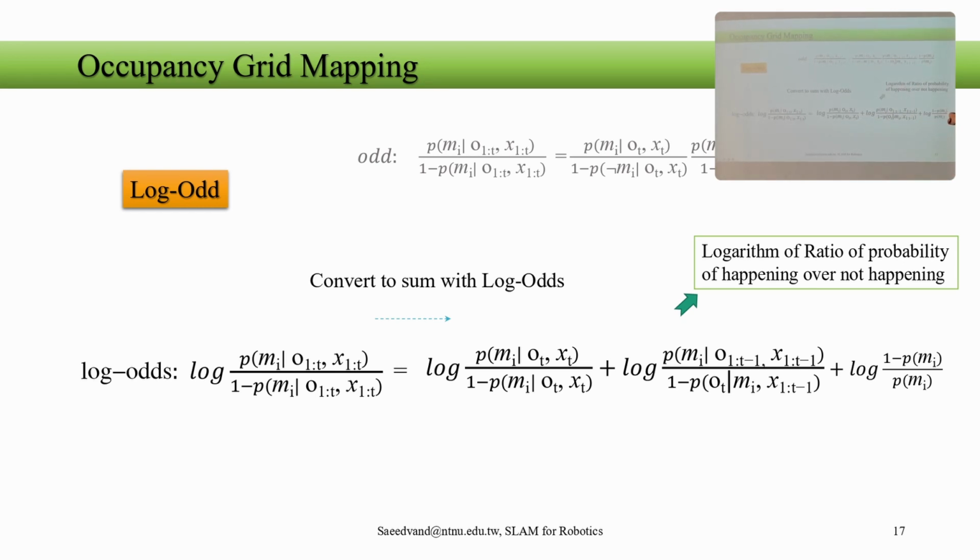Of course, we bring it into the log odd form, first of all, not adding the log per each one of the probability forms, but also we need to convert it to the sum of the log odds over there. Generally, we say it is the log of the ratio of probability of happening over not happening.